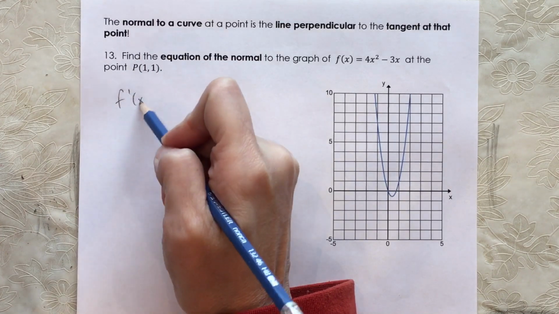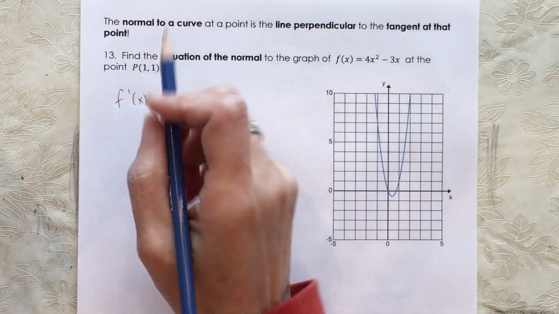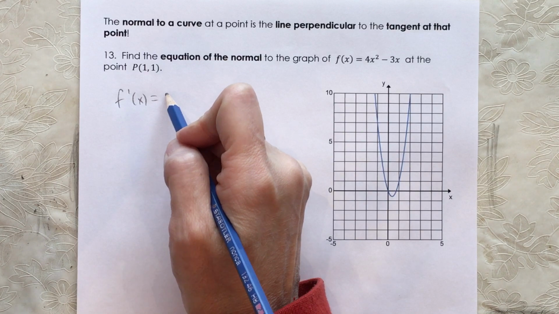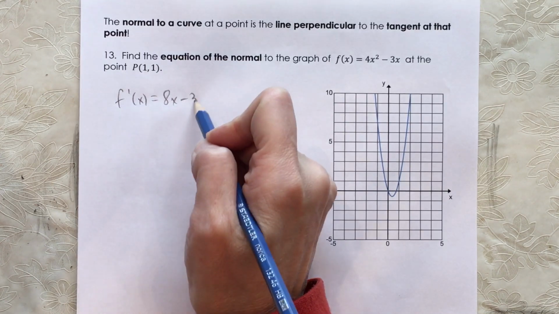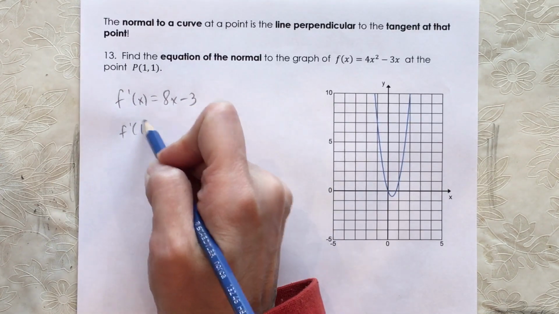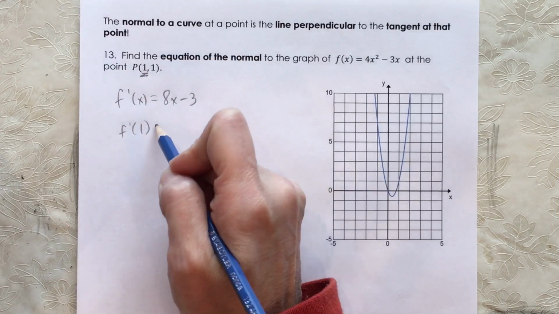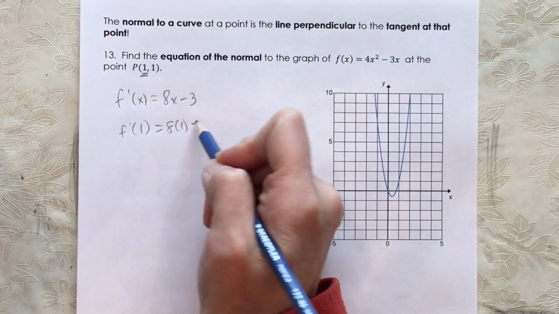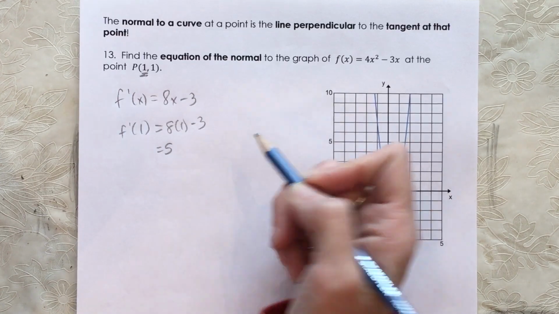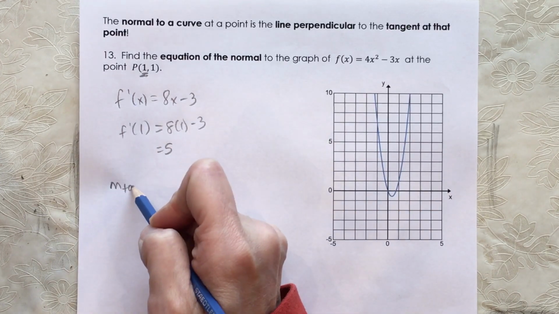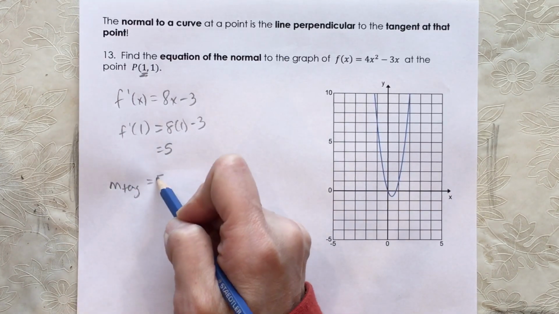F prime at x, they've given us a graph, so we can look at our answer, is 8x minus 3. So f prime at 1, since we're given the x value of 1, is just going to be 8 minus 3, which is 5. So that means M tangent is 5.